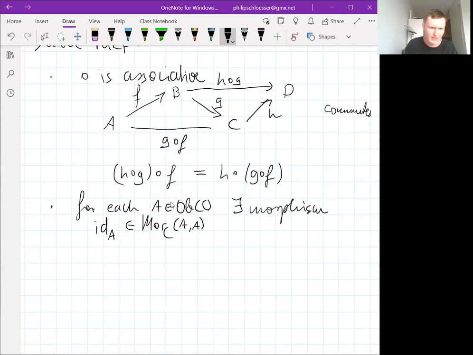Well, it should be the identity morphism. So if you compose it with any other morphism, it shouldn't change that morphism.